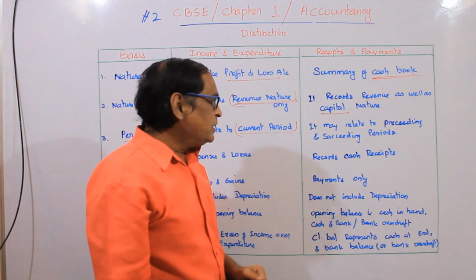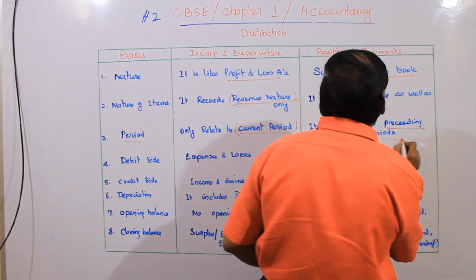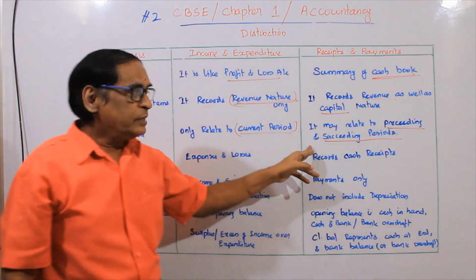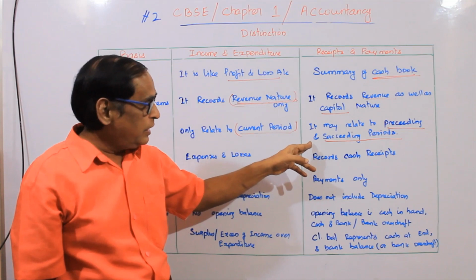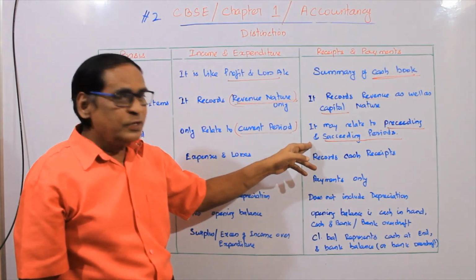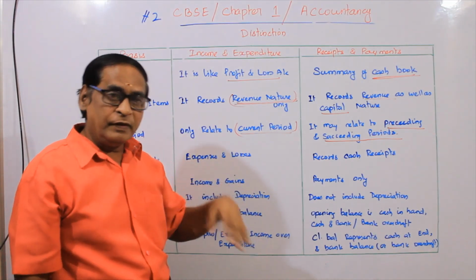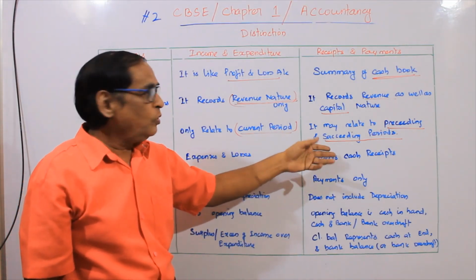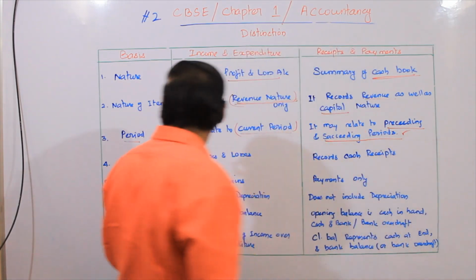But in receipts and payments account, it may relate to preceding or succeeding periods, because it is a cash book. We can enter either receipts or payments for the previous period or next period, whether it is expenditure or income. So it may relate to the preceding and succeeding periods.